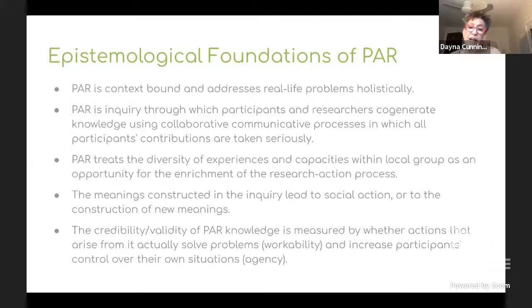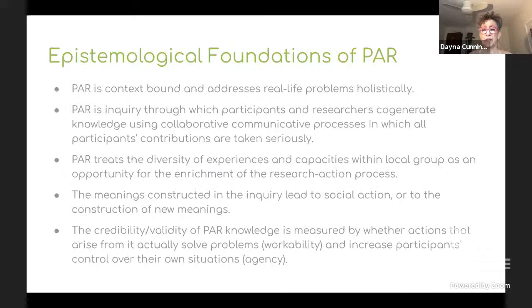It is inquiry through which participants and researchers, or co-researchers, co-generate knowledge using a communicative process in which all forms of knowledge and all forms of contributions are taken seriously. It treats the diversity of experience and capacities within a local group as an opportunity for the enrichment of the research action process.